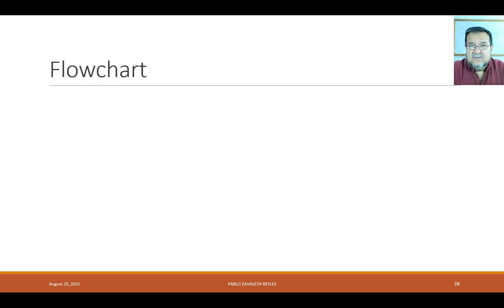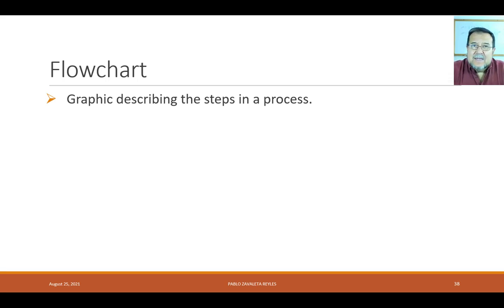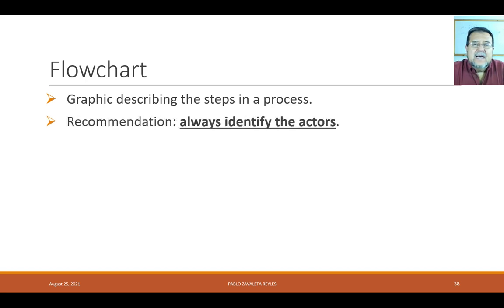Then we have a flowchart. In the case of a flowchart, it's a graphic describing the steps in a process, and as a recommendation, always identify actors and try to keep things very clear, even though they might be a headache for you at the moment of drawing it. So always try to keep your yeses in the same direction and the no's in the same direction when you have a decision point.